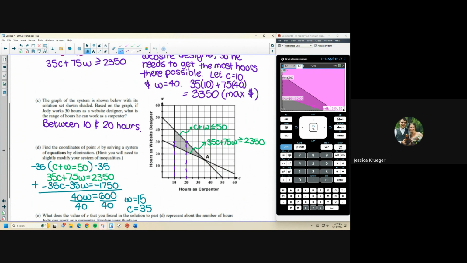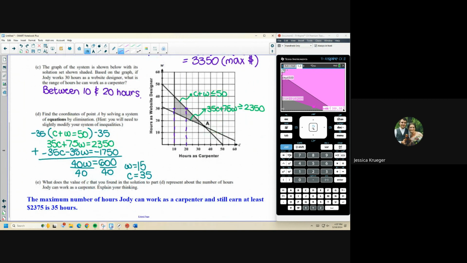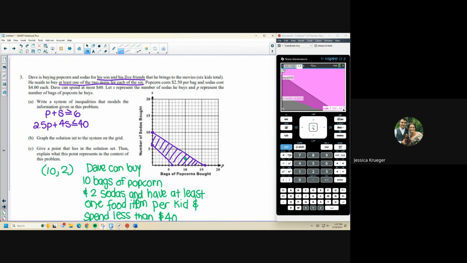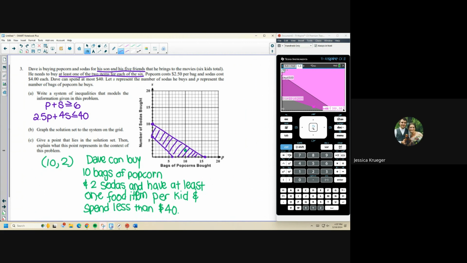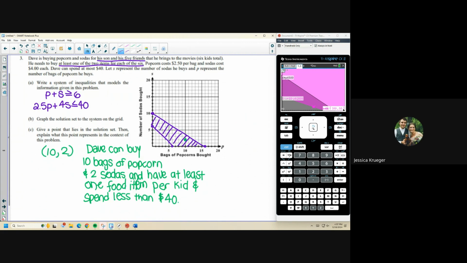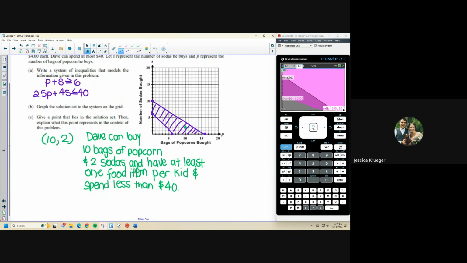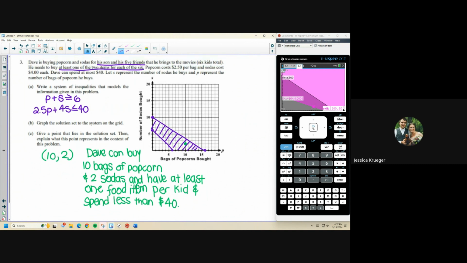I'm going to scroll down to E now. And then the solution to the next problem looks like this. And that was all that you had to do.